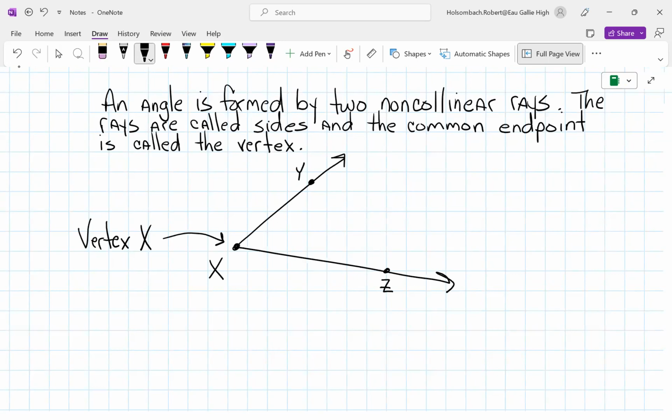This angle is formed by ray XY. Well, ray XY, when it forms an angle, is called a side. So this is side XY. And the angle has a second side, and we call it side XZ, which is right here.